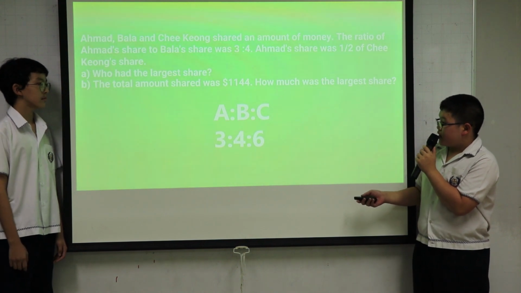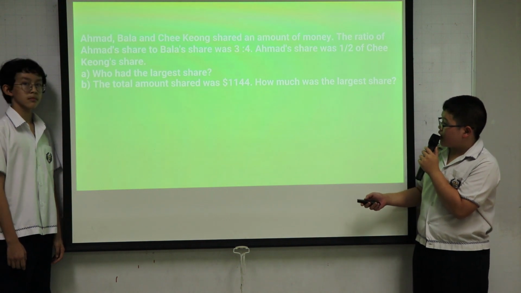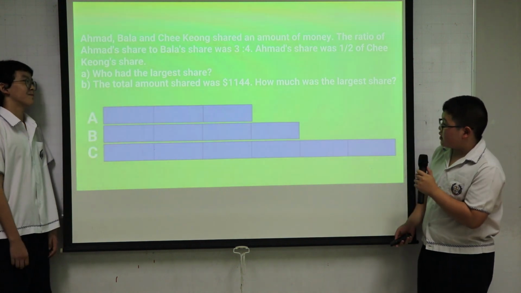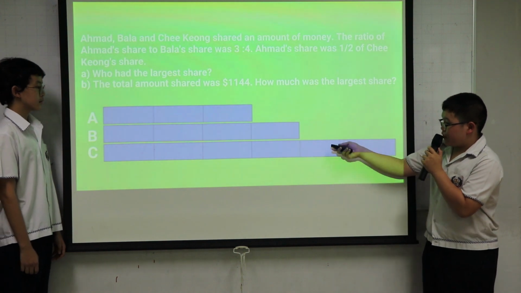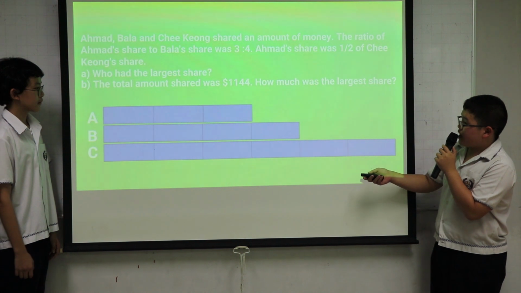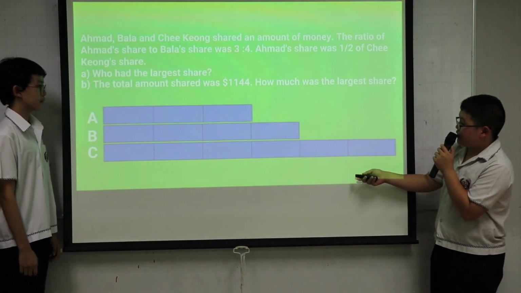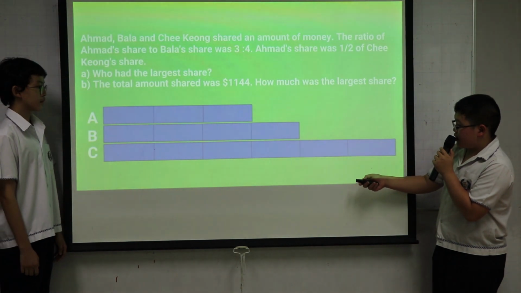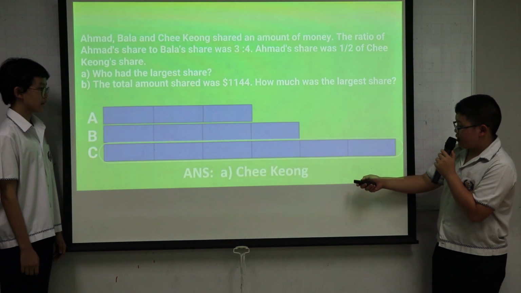So see that 3 is half of 6. So Ahmad has 3, and Bala has 4, and Chi Kyung has 6. And the question A says, who has the largest share? So the answer to that is Chi Kyung having 6.